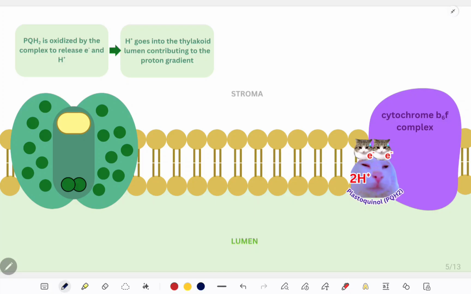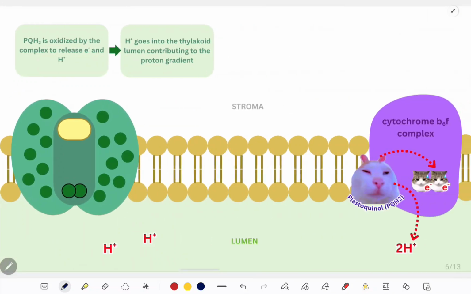You can tell by now that the number of protons in the lumen is just gradually increasing, and the number of protons in the stroma is gradually decreasing. So this is how it will look. Plastoquinol is being oxidized by the complex and is giving up its electrons, and the protons are delivered into the lumen.